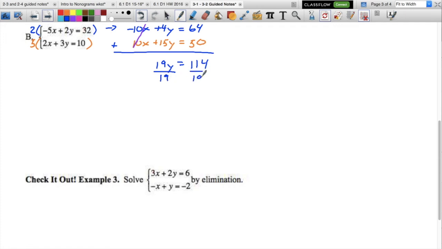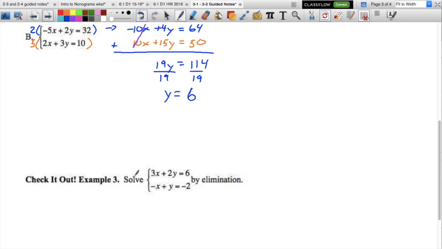If you divide by 19, what do you get? 6? Oh, wait. 20 times, yeah, 6, right? Okay, y equals 6. Now, that is not the end of our problem. We only found y. We've got to go back in and plug in and find x.